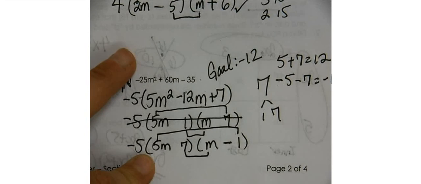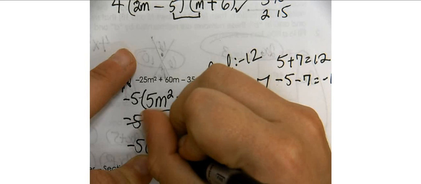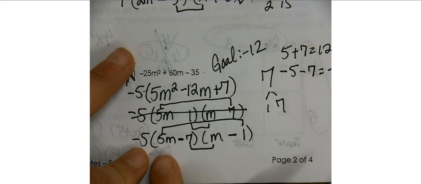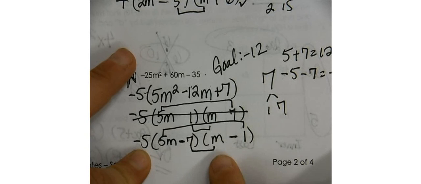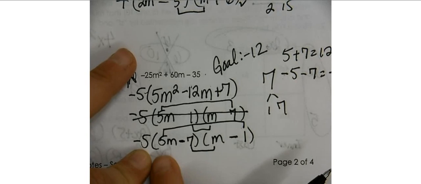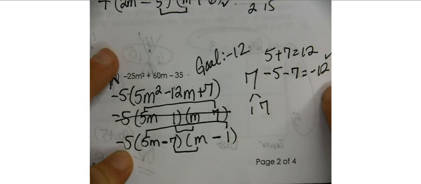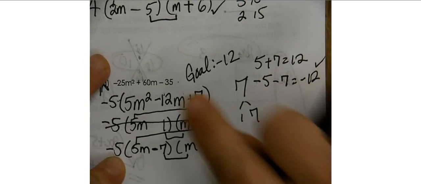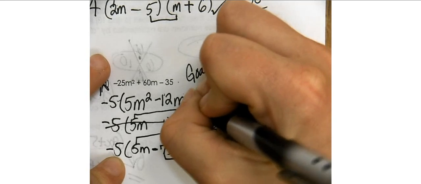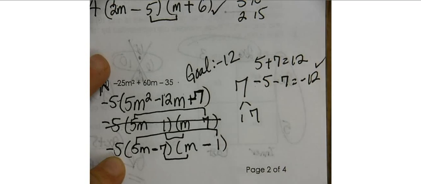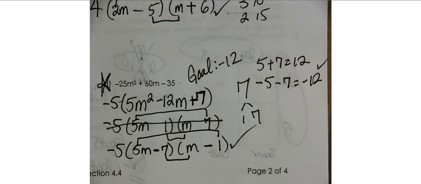And I need to make 7 a negative as well. Let me see if that works. 5 times negative 1 is negative 5, and negative 7 times 1 is negative 7, and negative 5 minus 7 is indeed negative 12. So let me check my last term. My last term is plus 7. Negative 7 times negative 1 is indeed equal to 7, so there's my answer. Awesome. There's my factorization.